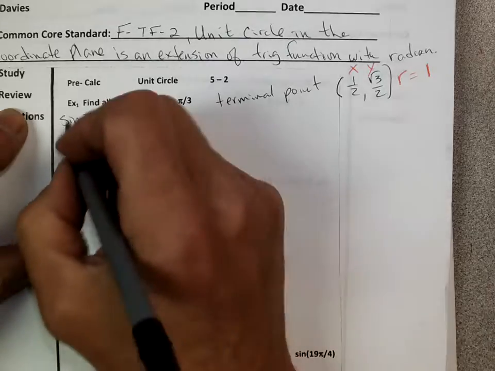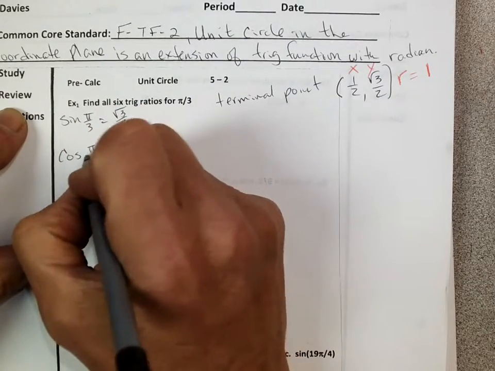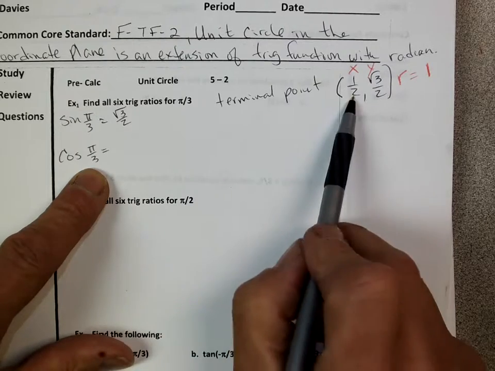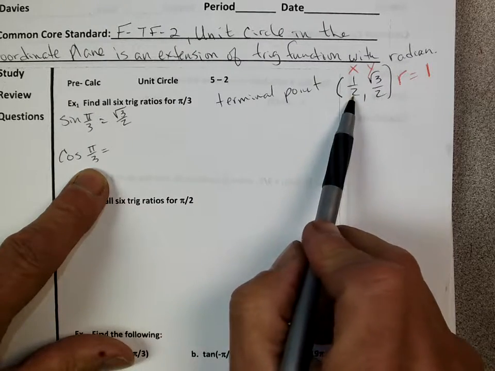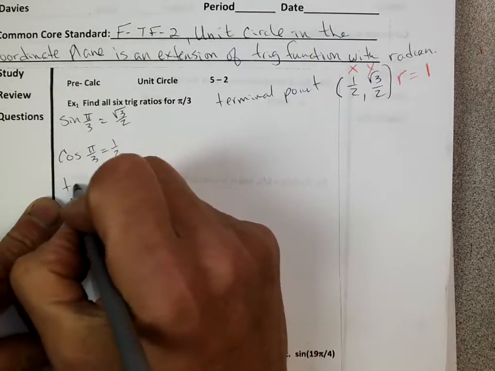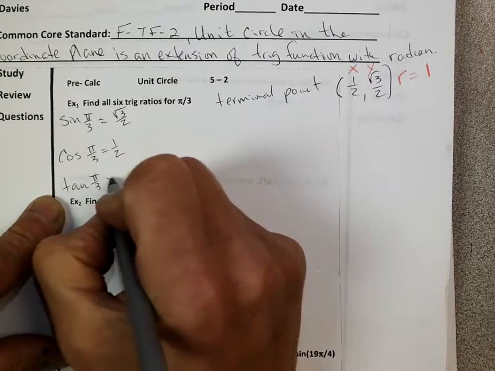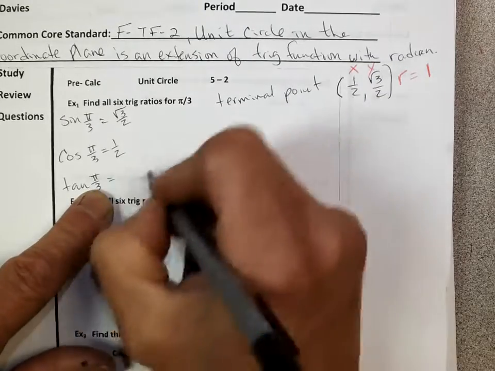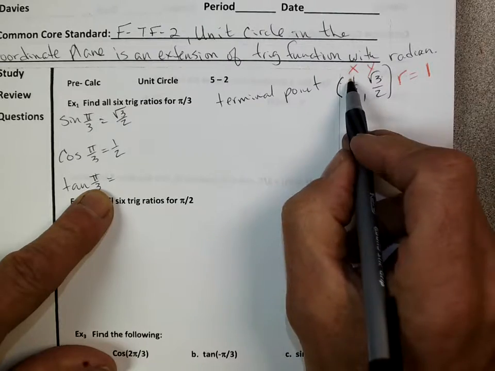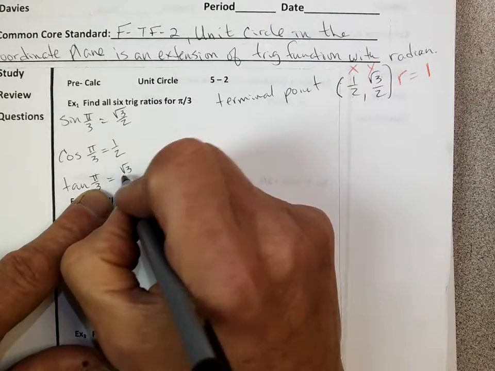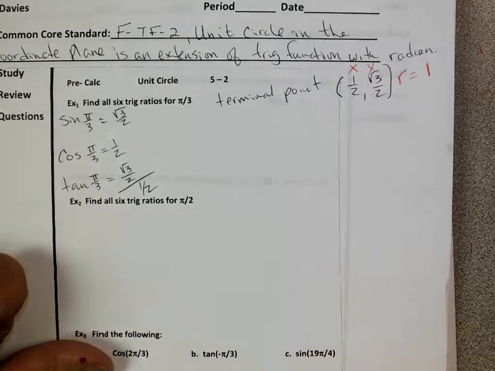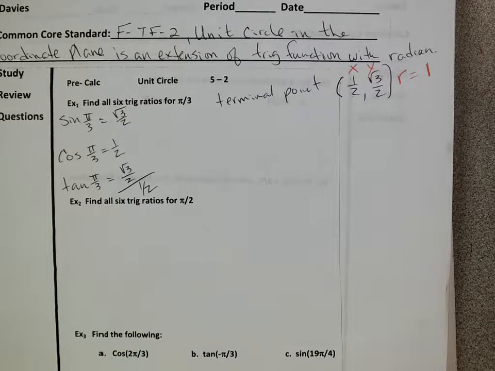Okay. How about cosine of pi thirds? Well, cosine of pi thirds, cosine is the x value. So it's 1/2, that's all. Tangent of pi thirds, well, tangent is the y over the x. So it's going to be the square root of 3 over 2 over 1/2. I'm going to have to do a little fraction work here, huh? So I'm going to do that on the side, okay?